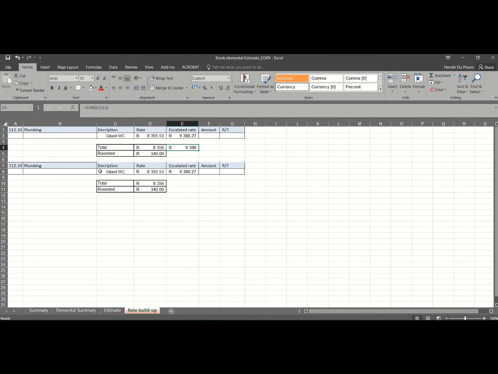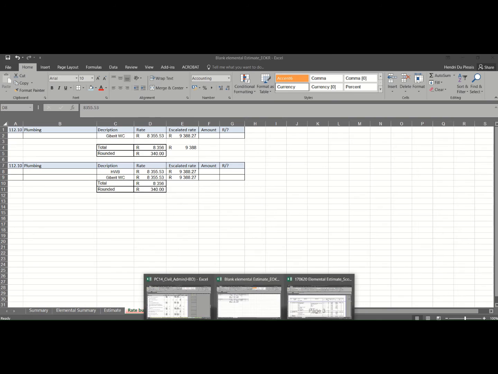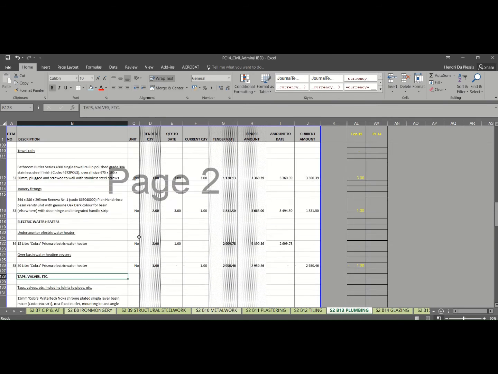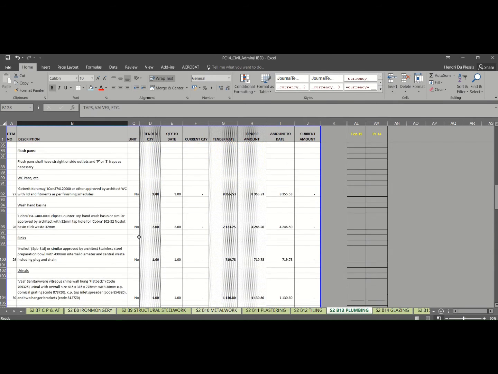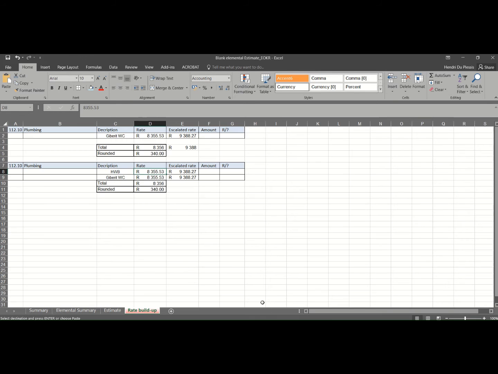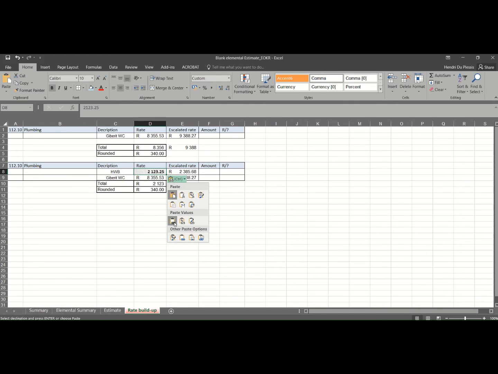So let's do our taps. Just include our taps. Make it look nice. Okay, and wash basin. So the rate that we get from our BOQ is this one, and then we escalated it.